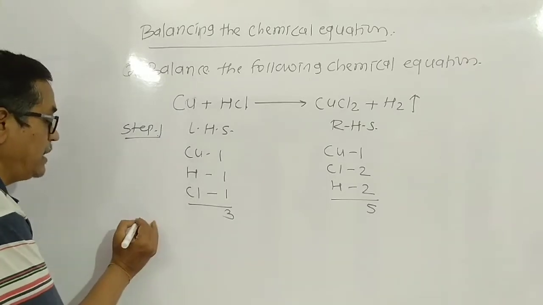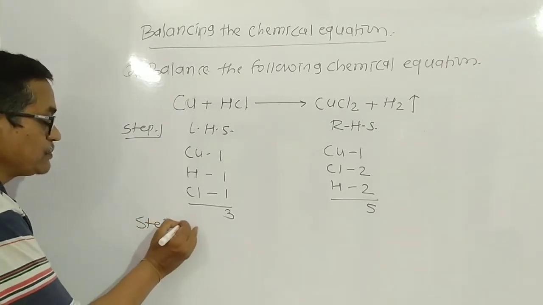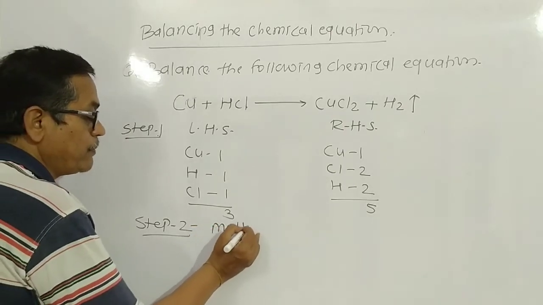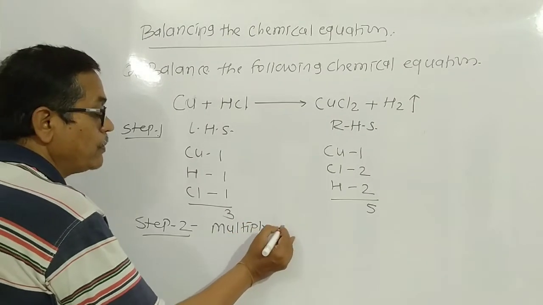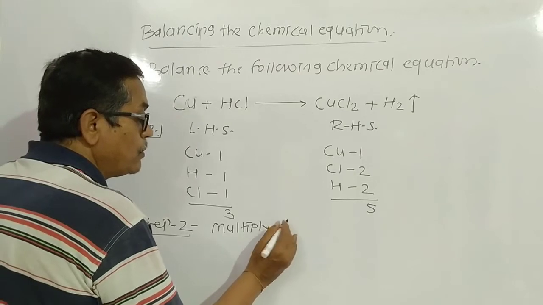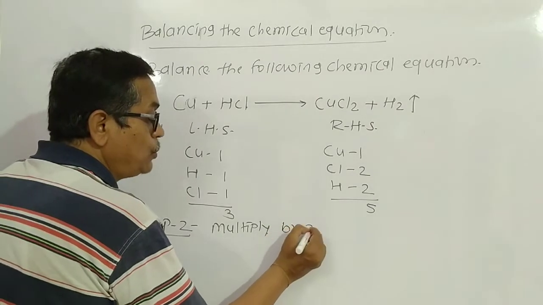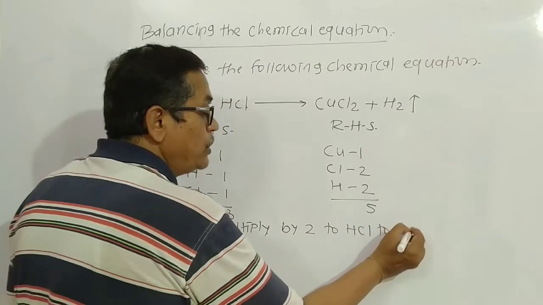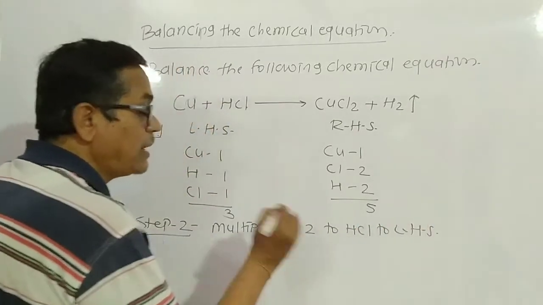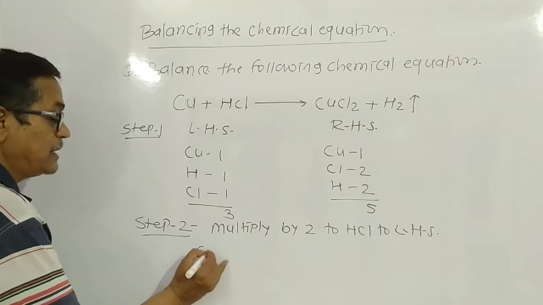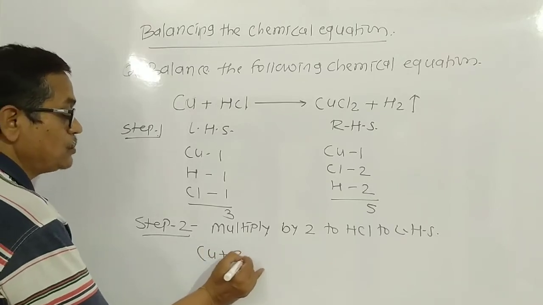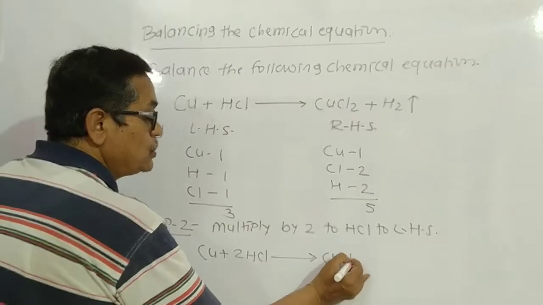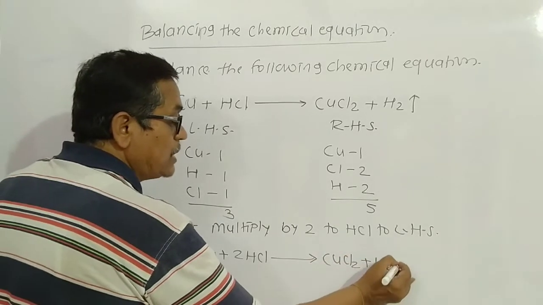In step 2, multiply HCl on the LHS by 2, and write the equation again: Cu plus 2HCl gives CuCl2 plus H2.